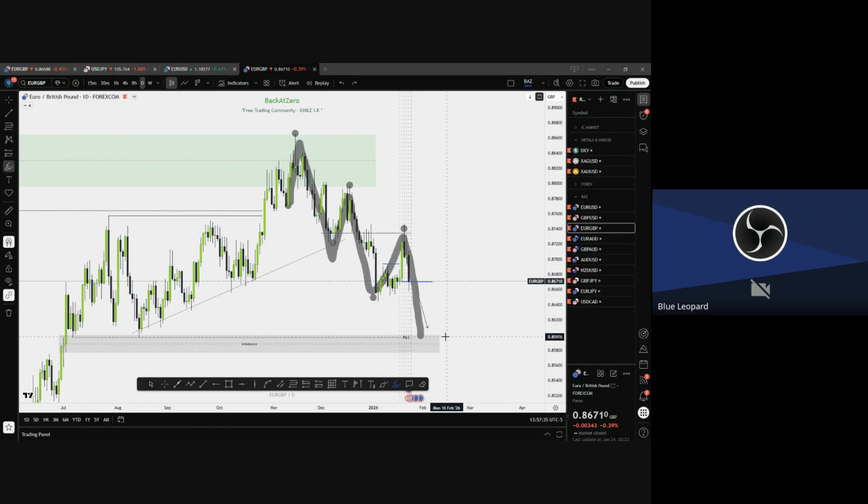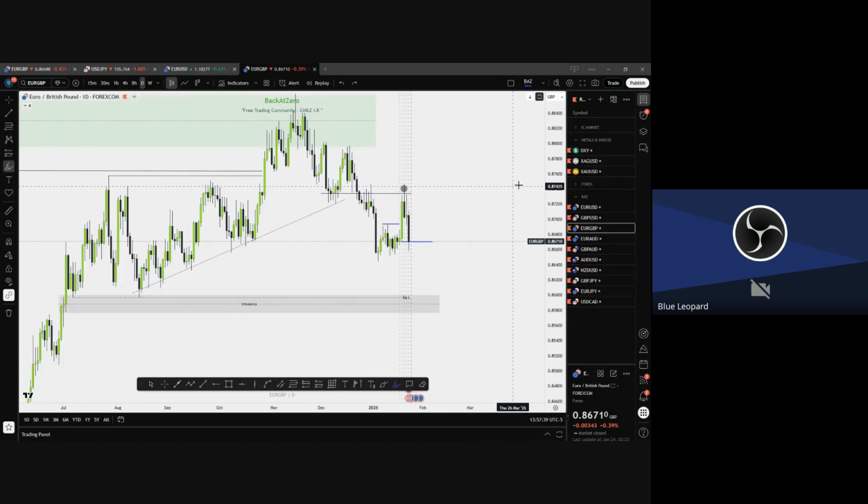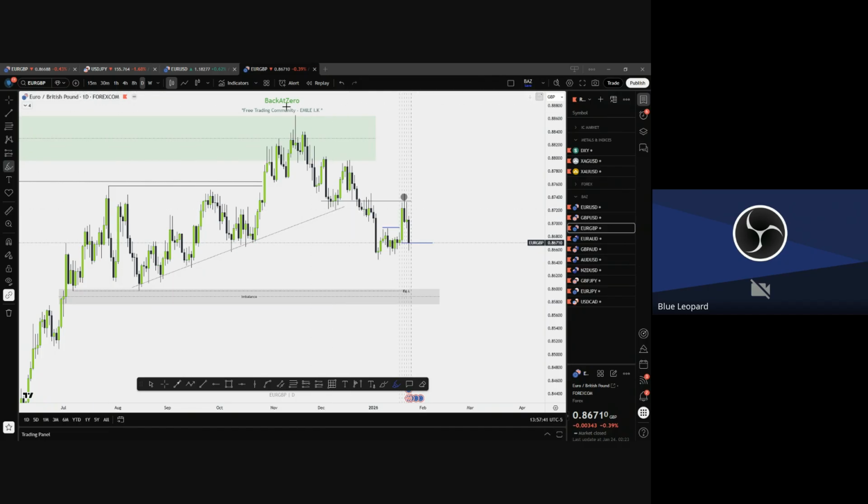So on Euro GBP, we expect to see price continue bearish. Okay, so I will mark this just like this. And if we expect a bearish move, maybe Monday can start by opposing itself to manipulate everyone, and then from there price can drop.